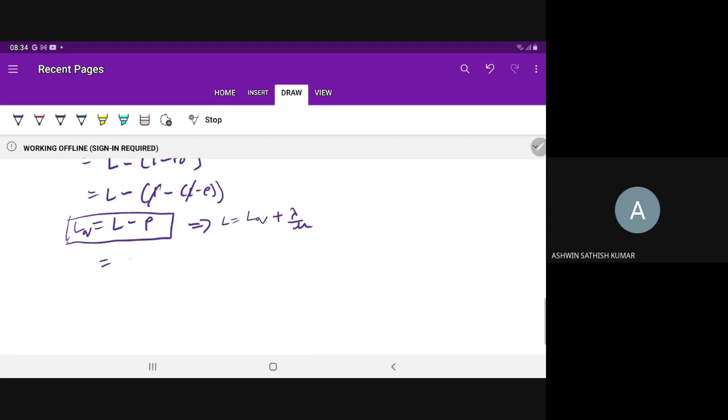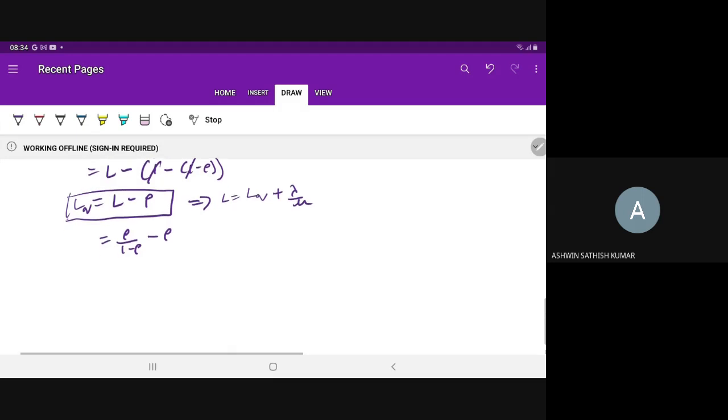Now, what is the value of L? Rho upon 1 minus rho. If you write it like this, here we take the LCM 1 minus rho. So here we have rho minus 1 plus rho minus rho plus rho square.